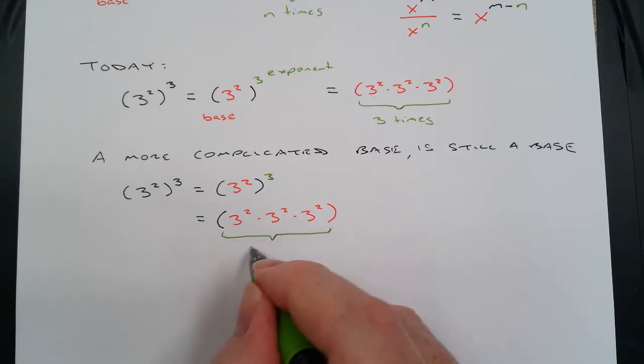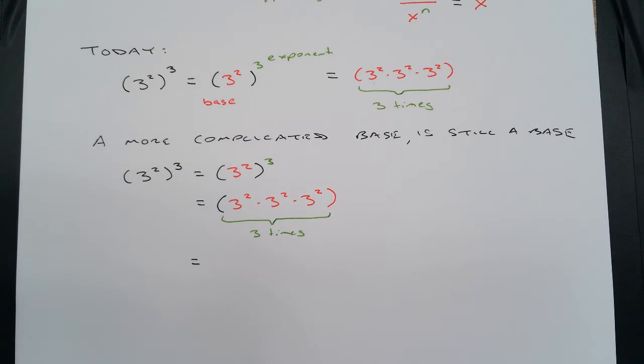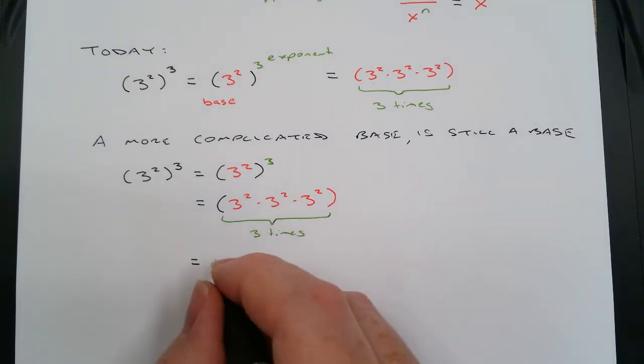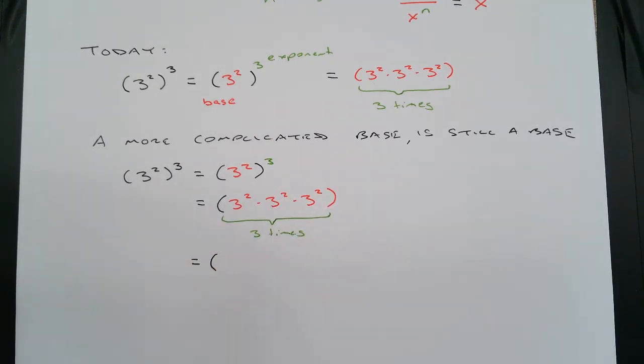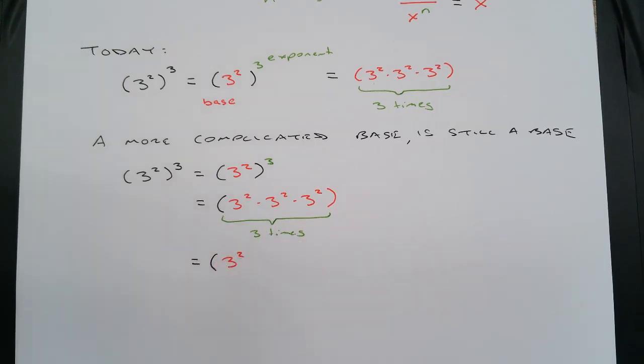That's the rule for exponents. You can always do that. It's the base 3 times. The next step, I'll show you here how we can do each part separately.